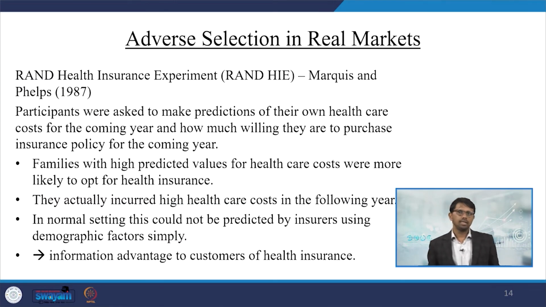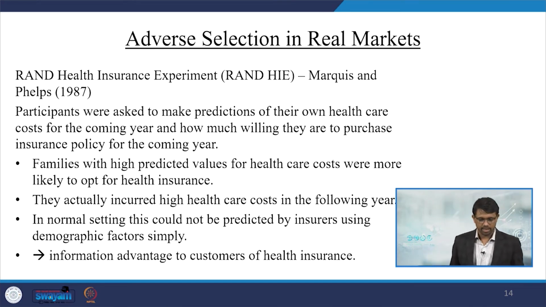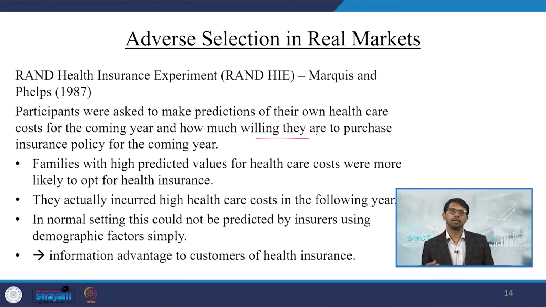Now, we are linking adverse selection to a real market context, as per the RAND health insurance experiment. We also discuss it a bit in different modules of our course. Referred to the work of Marquis and Phelps in 1987. Participants were asked to make predictions of their own healthcare cost for the coming year and how willing they were to purchase an insurance policy for the coming year.